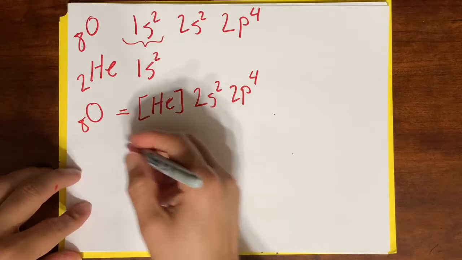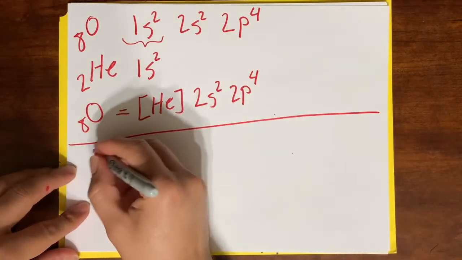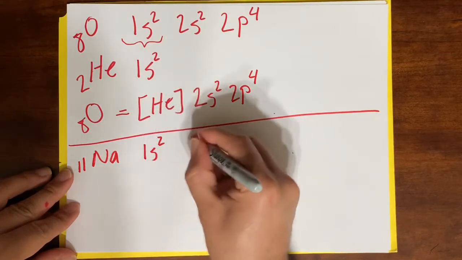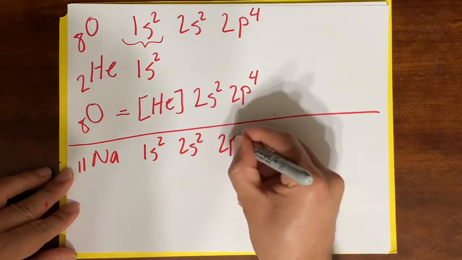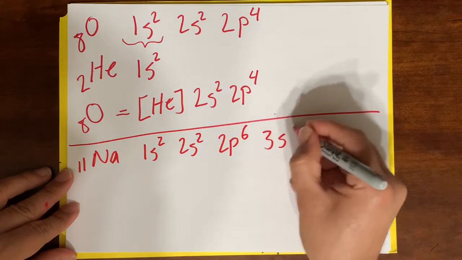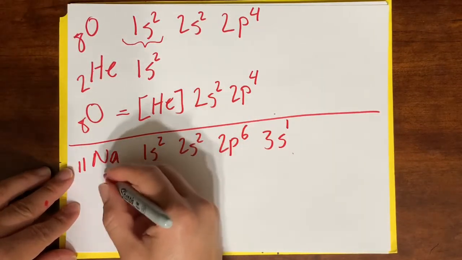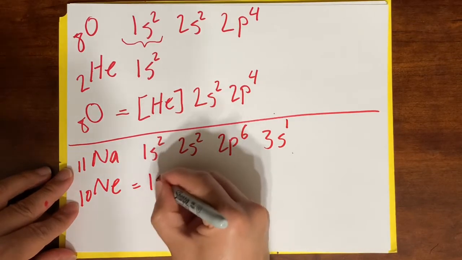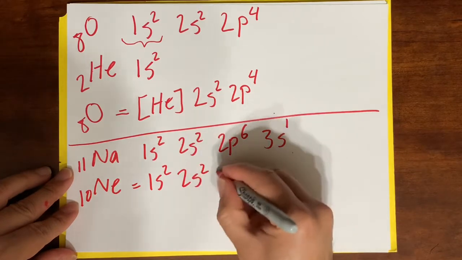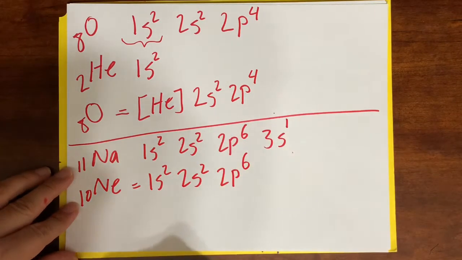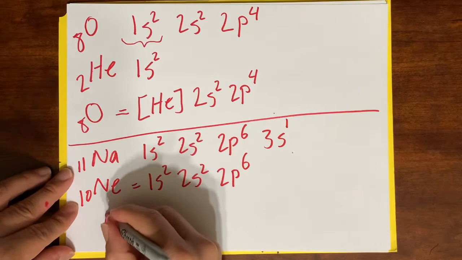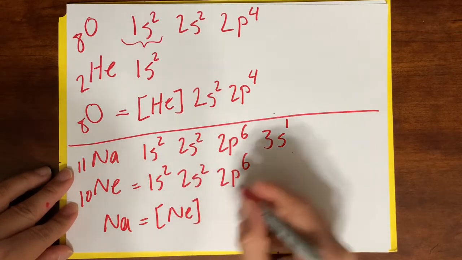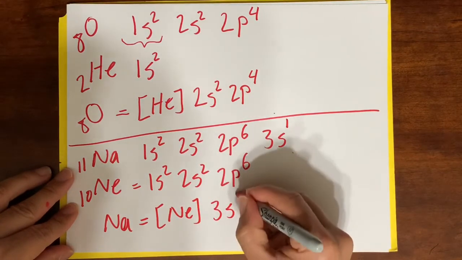How about sodium? Sodium is 11. It will be 1s2, 2s2, 2p6, and then 3s1. Neon is 1s2, 2s2, 2p6. So we can write sodium equal to neon, and then whatever is left, which is 3s1.